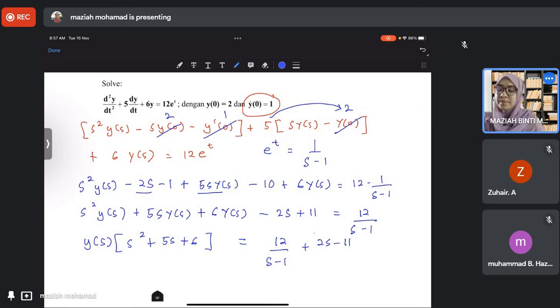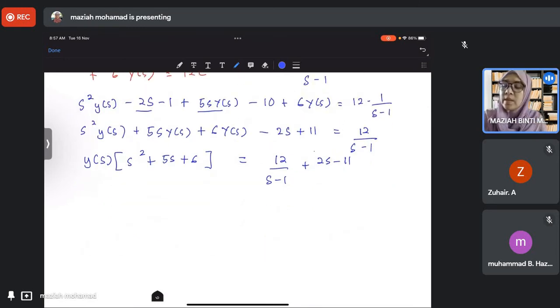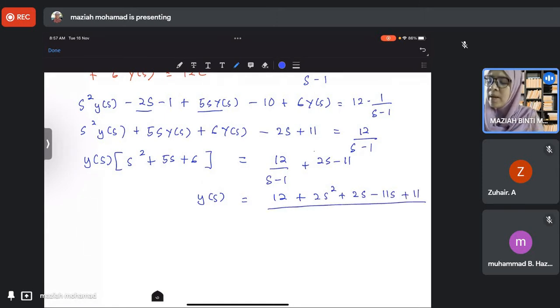Then we have ys is equal to 12 plus 2s square plus 2s minus 11s plus 11, divide by s minus 1.